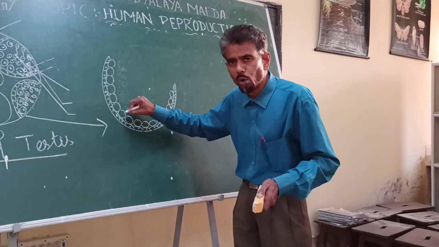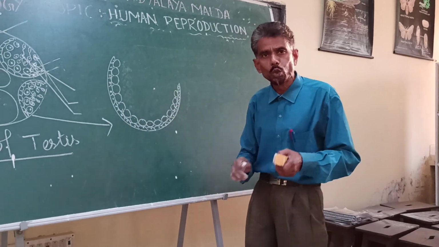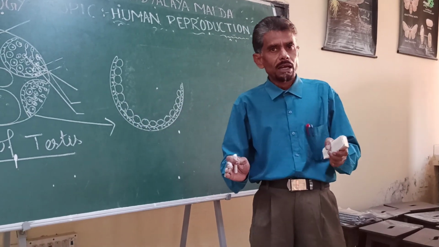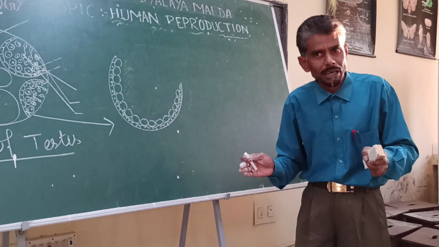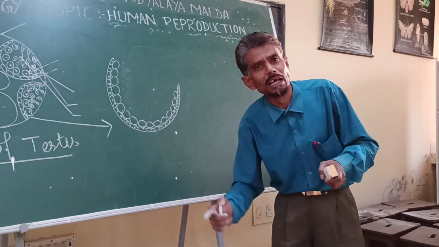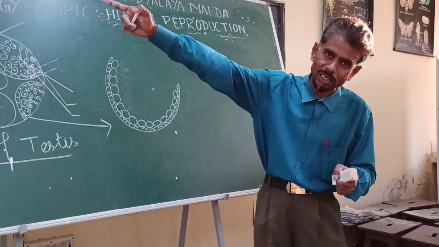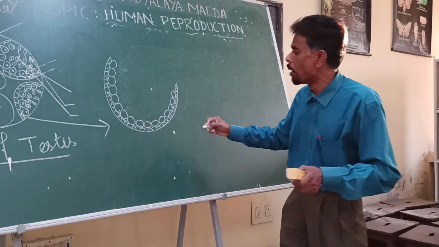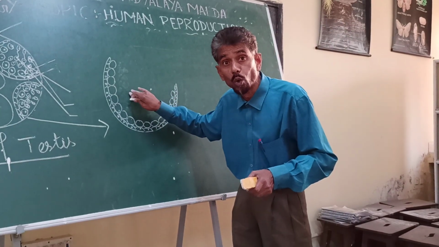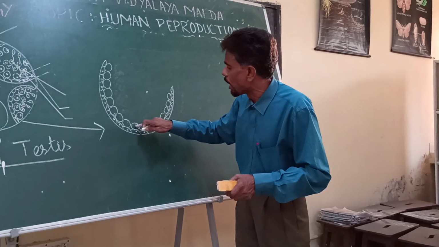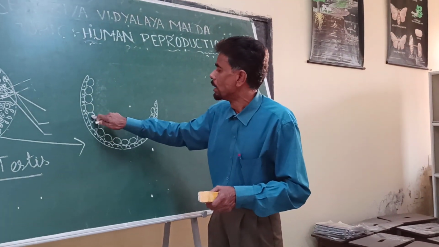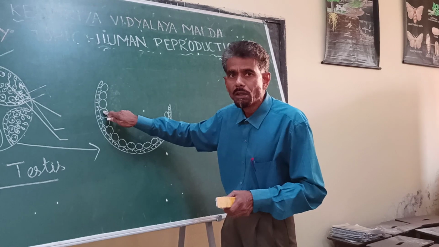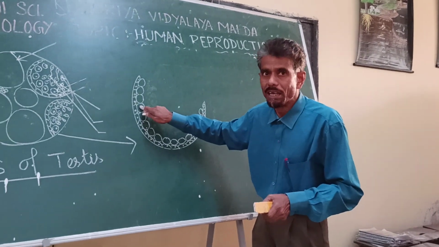This spermatogonial stem cell gives rise to two types of cell, A cell and B cell. A cell again gives rise to the spermatogonial stem cell, whereas B cell modifies to form spermatogonia.